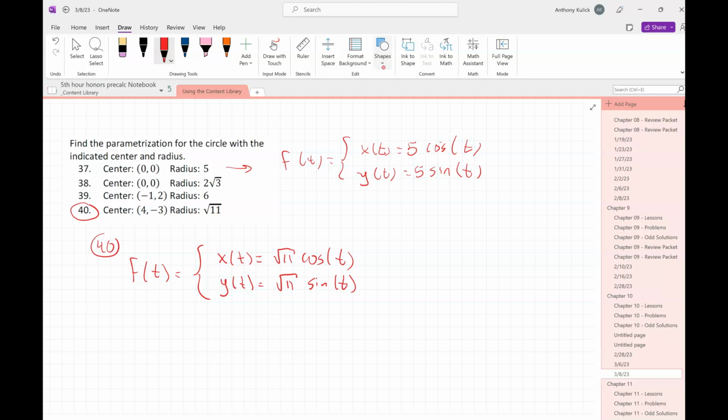A, right? And to the y coordinate, we need to add b, right? So here, to the x component, I'm going to add 4. And to the y component, I'll subtract 3. And that's it. So I just build out my circle centered at the origin, and then I just translate it.